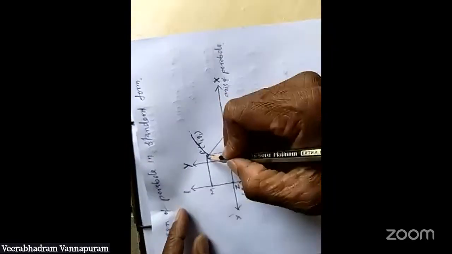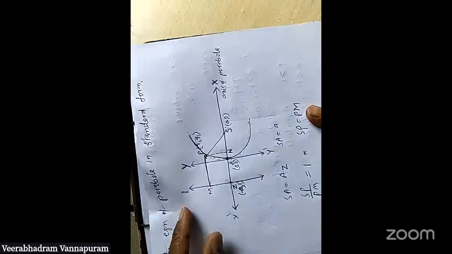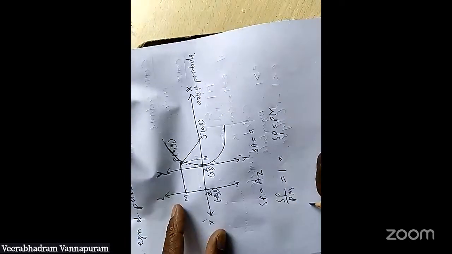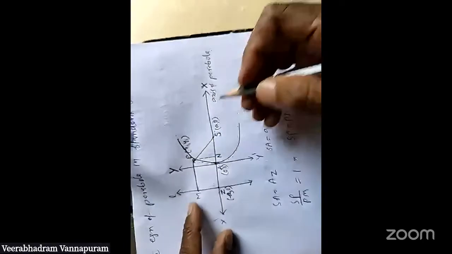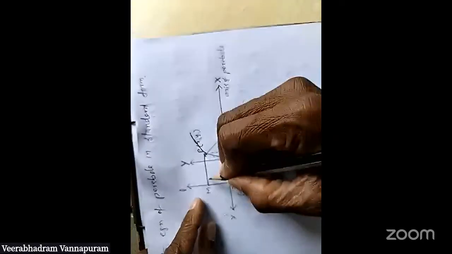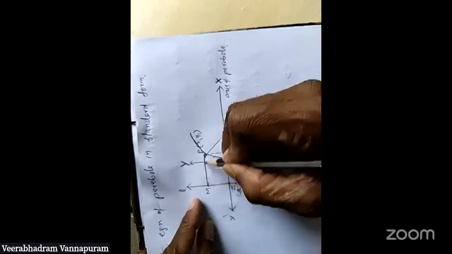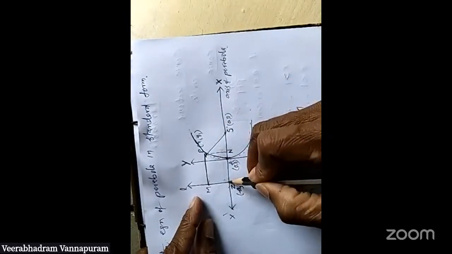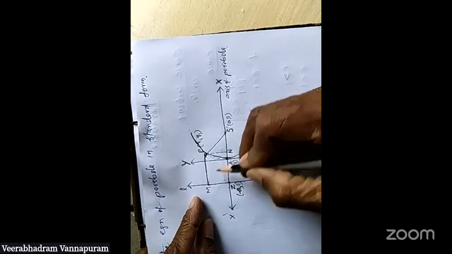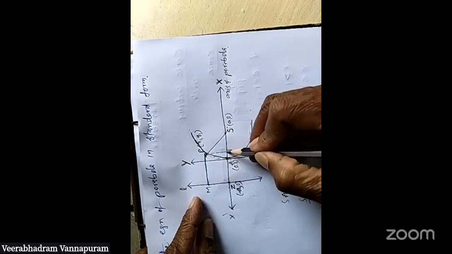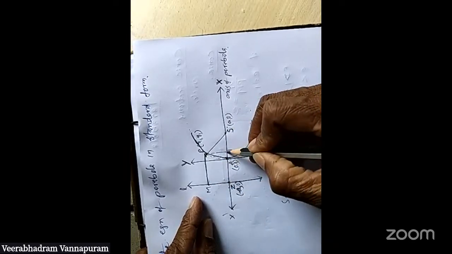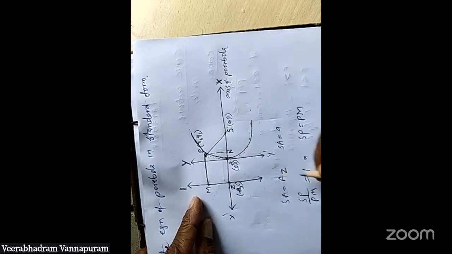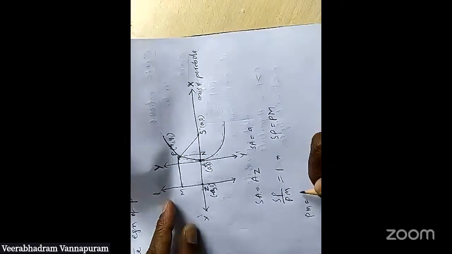So let us write the distance PM. From the figure, observe that PM is equal to ZN, that is, PM is equal to NZ.